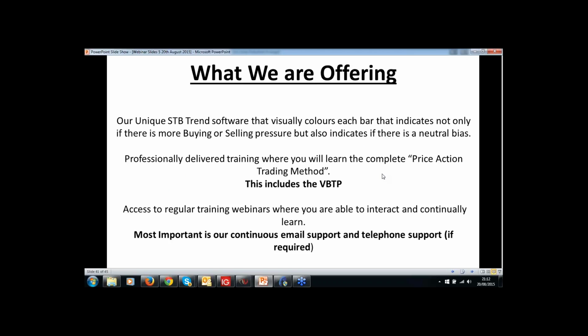Now, when I say telephone support, I have to say that telephone support has now become a key ingredient for any of our members, to be quite honest with you, because certainly it takes at least a couple of calls to go over not only the indicator but the vertical bar trading pattern and trading it in conjunction with the indicator.